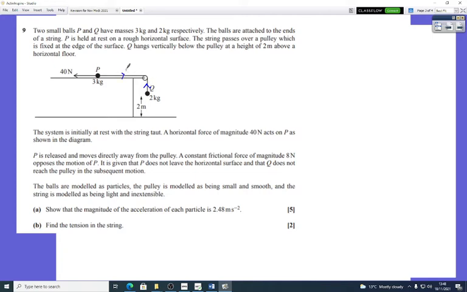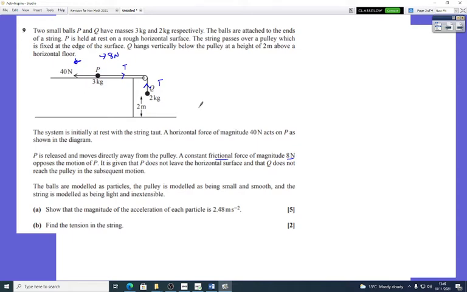I'm going to call that T. Now, if the direction is going that way, it tells you it's got a friction. The magnitude of the force of friction here is 8 newtons. So if that's going that way, then the friction is pulling it that way, 8 newtons.